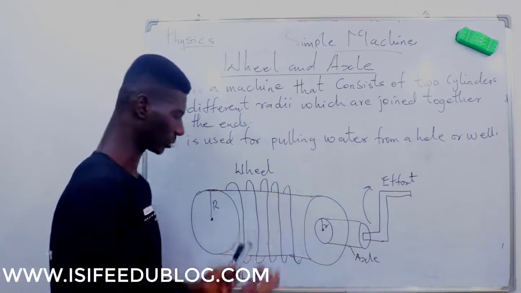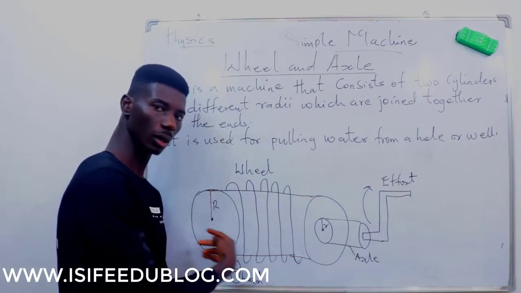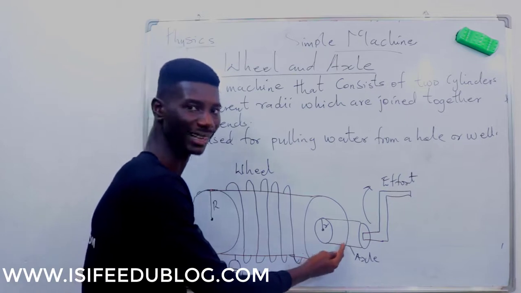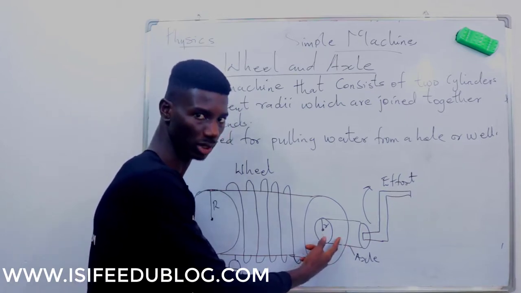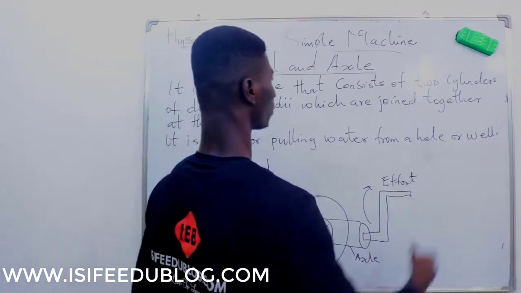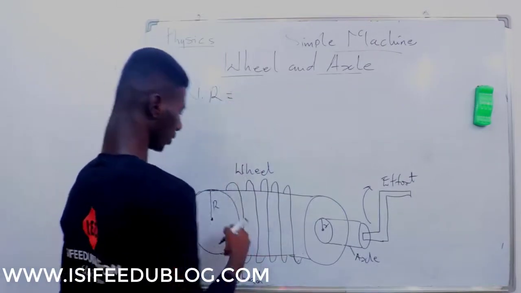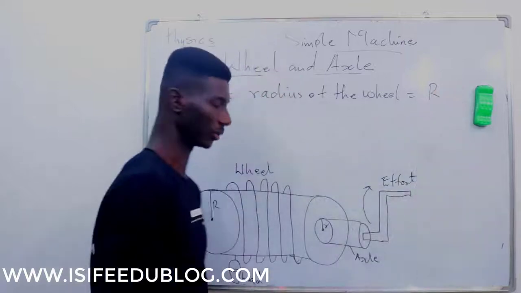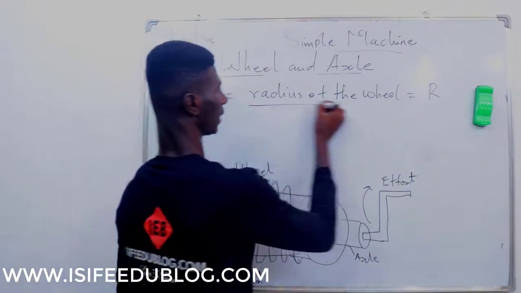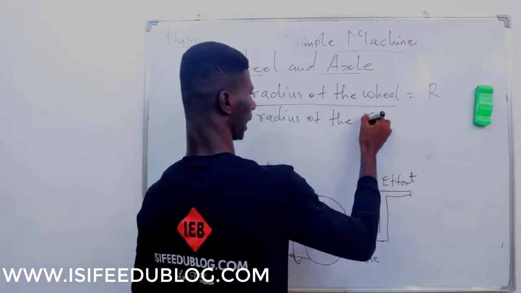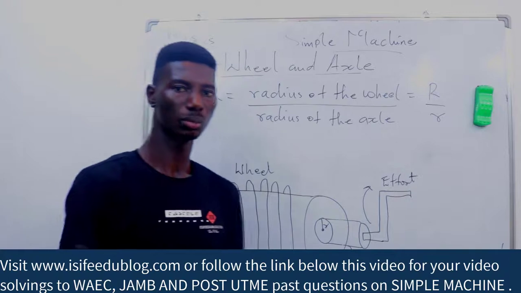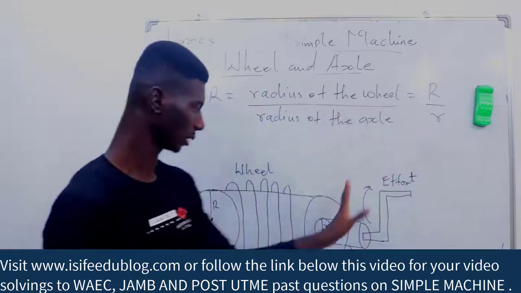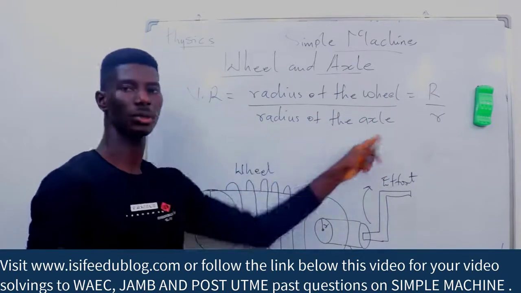The velocity ratio of our wheel and axle is simply the radius of the wheel, which is the bigger cylinder, the big R, divided by the radius of the axle, which is the smaller cylinder, the small r. Very simple, no problem on this.